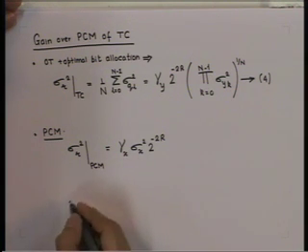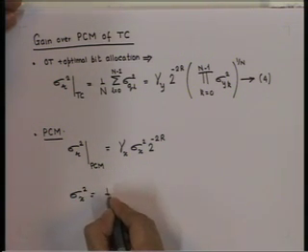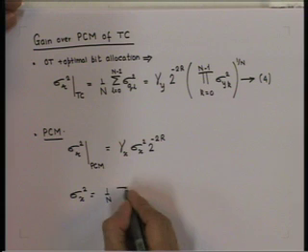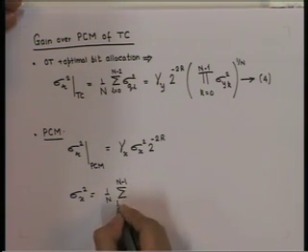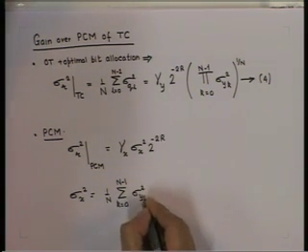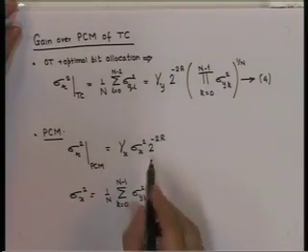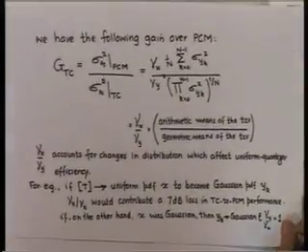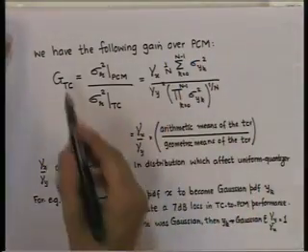Now, since we are using an orthonormal transformation, this implies that sigma x squared is equal to 1 by n times summation over k equal to 0 to n minus 1 of sigma squared y k. So, using this, we have the following gain over PCM.